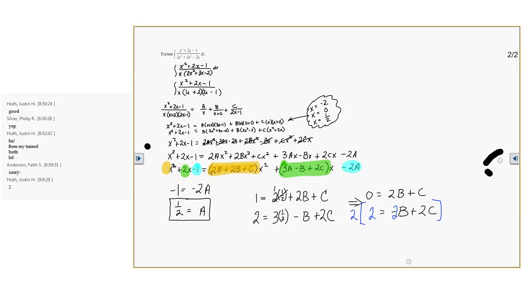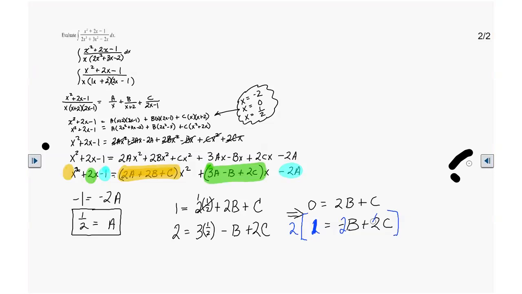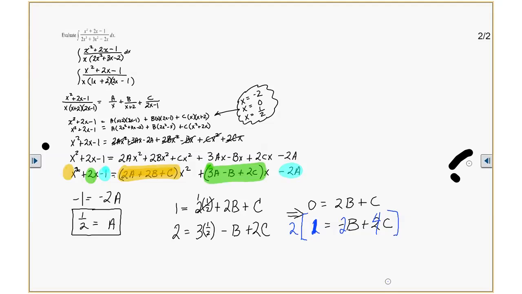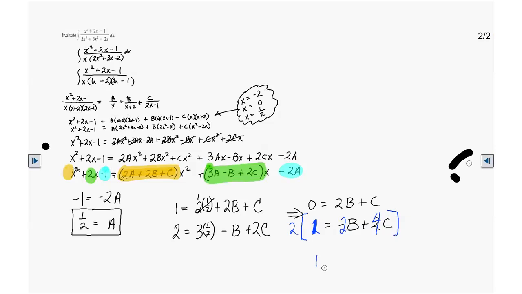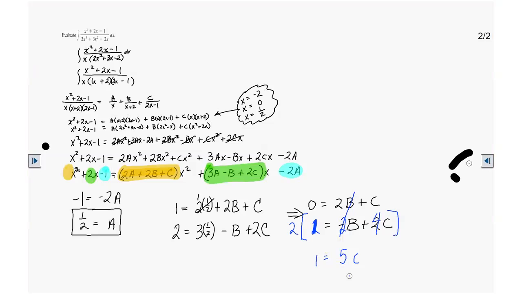And 2 times 2 is 4. So 0 plus 1 is 1. The b's cancel. And c plus 4c is 5c. And c is equal to 1/5.